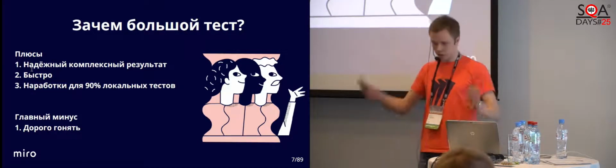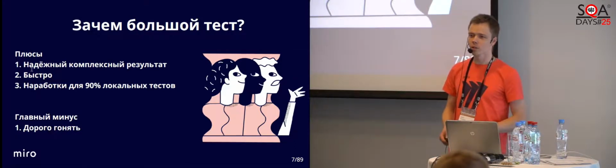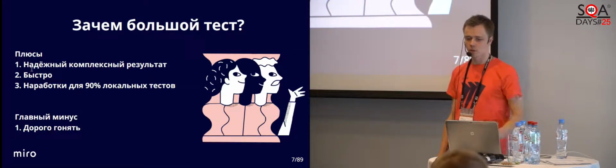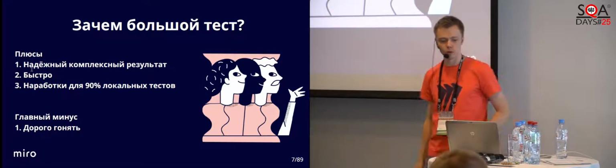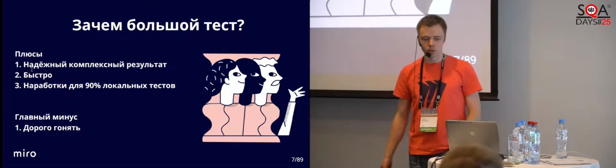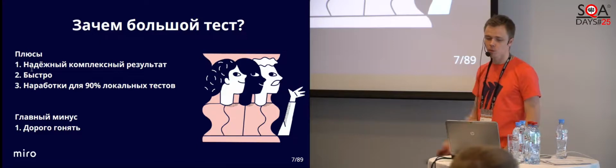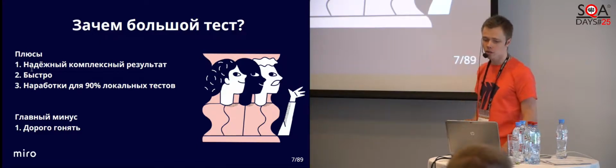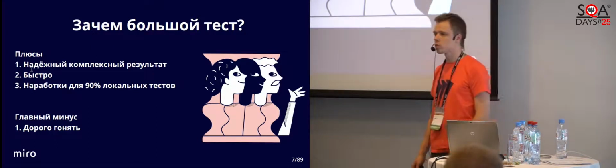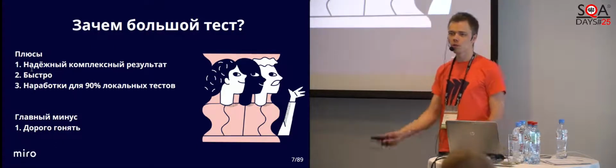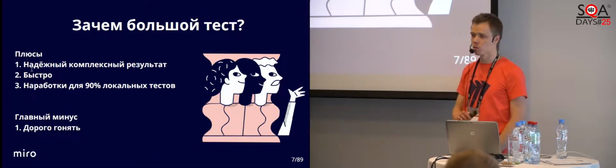In order to test how the city will behave, we built the so-called virtual St. Petersburg and put there 10 million or 15 million users. So we simply imitated production and made a big test that imitates the performance of a real-time product.